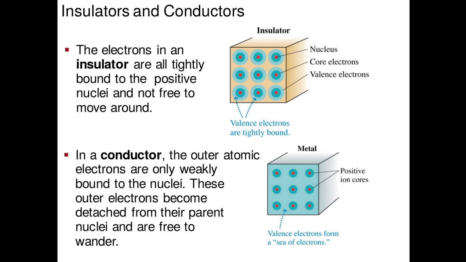be free electrons. Depending on the metal, every atom is contributing one or two free electrons into this metal. We call it a sea of electrons. It's kind of like a soup inside the metal where you have a bunch of free electrons.